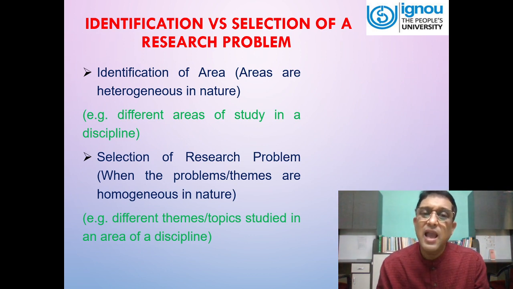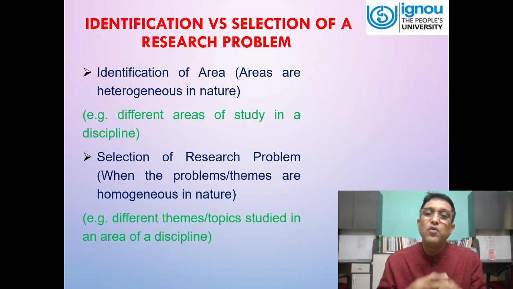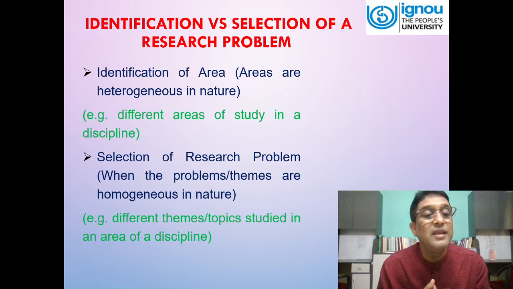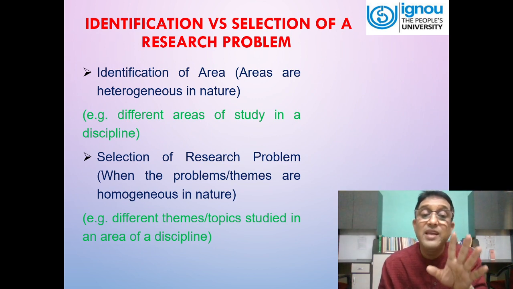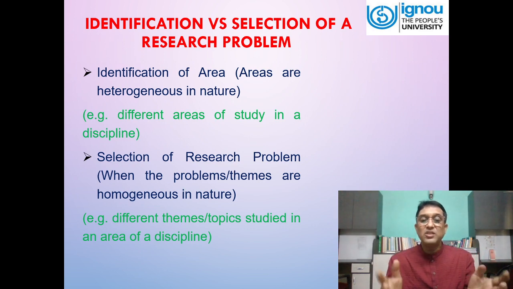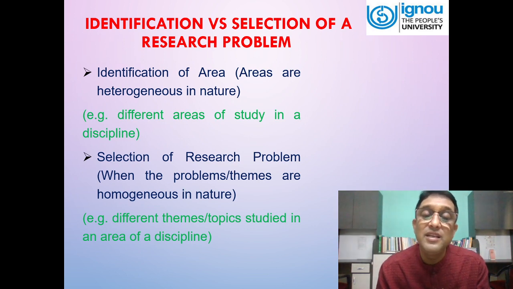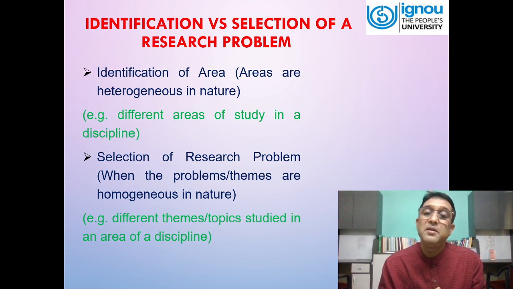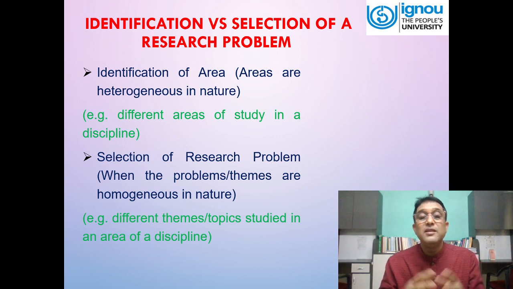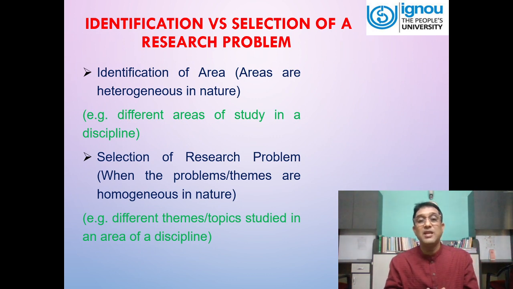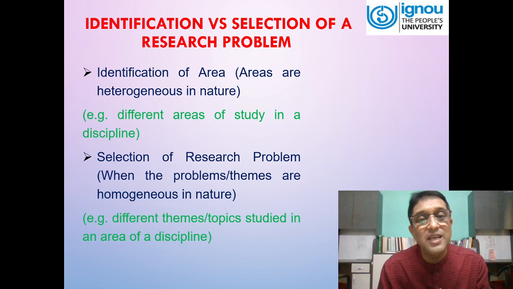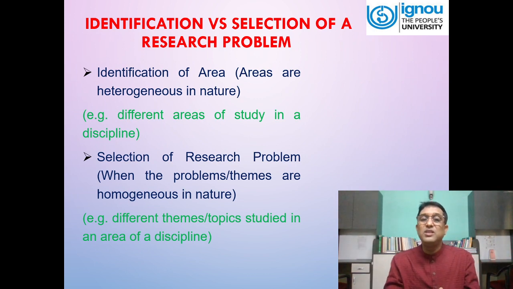So here you see, identification is used when the areas are heterogeneous in nature. Okay, identification of an area. We can't say identification of a problem. Here areas are heterogeneous in nature, just like different areas of study in a discipline. If we talk about the discipline of education, among the different areas that you have studied, distance education is one area, educational measurement and evaluation is another, teacher education is another.